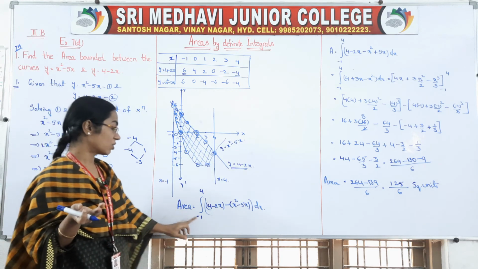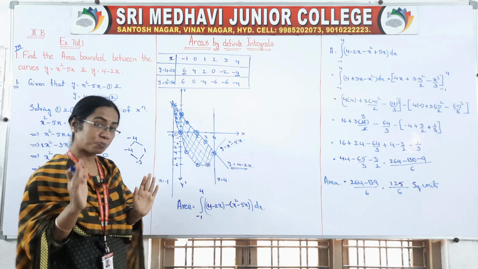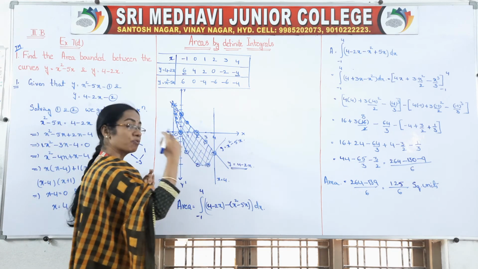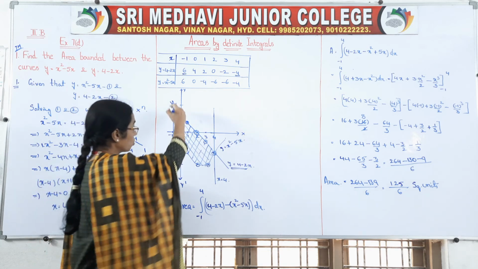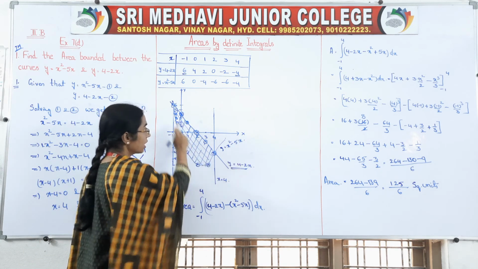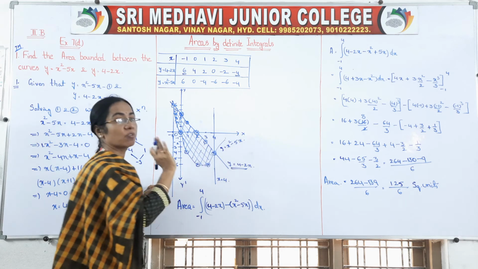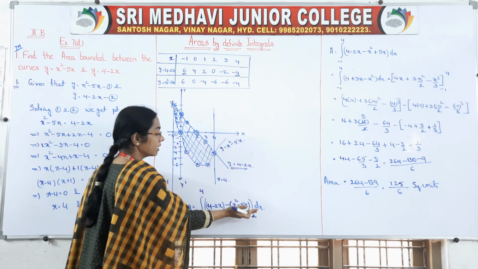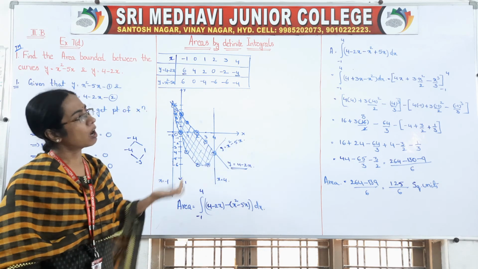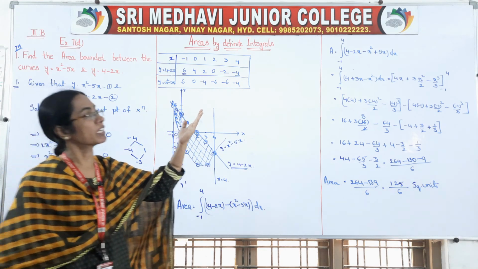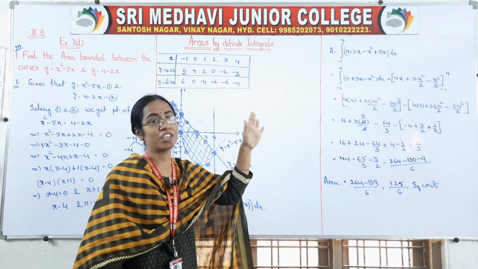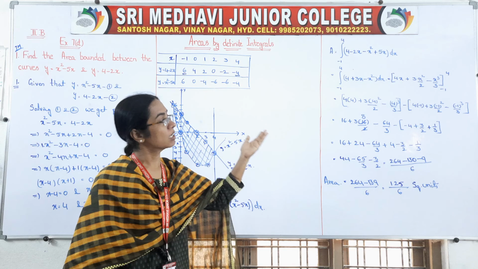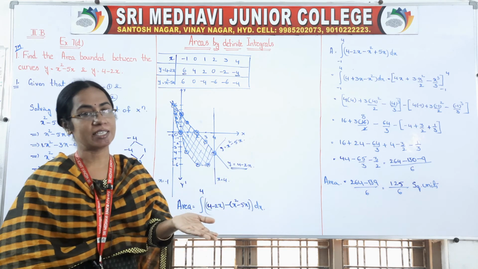So area is equal to the integral from -1 to 4. Observe the diagram. In this area, which one comes upwards? The line comes upwards and the curve comes downwards. So first you take the line minus the curve. After that you get a normal equation. So it is a normal definite integral problem. Already we did so many problems by applying the formulas.